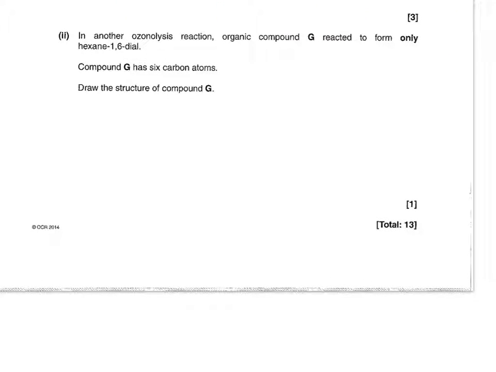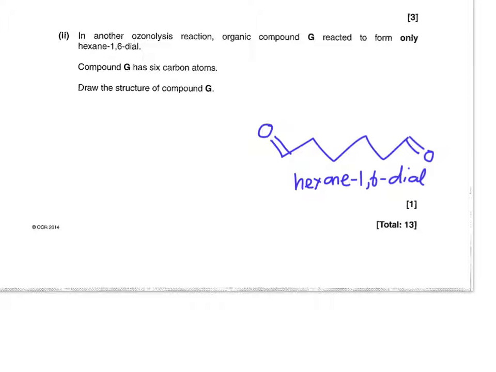Okay, in another ozonolysis reaction, compound G reacted to form only hexane-1,6-dial. So this time we're given the product, and they want us to work out what the original alkene was. So if we draw hexane-1,6-dial, let's work out how those double bond oxygens would have been made.